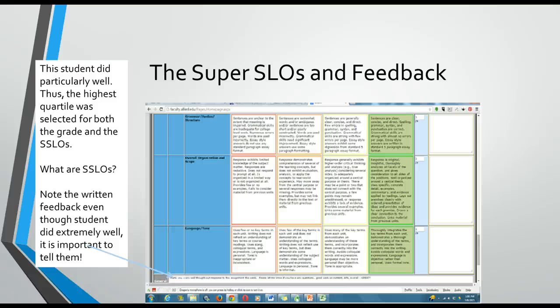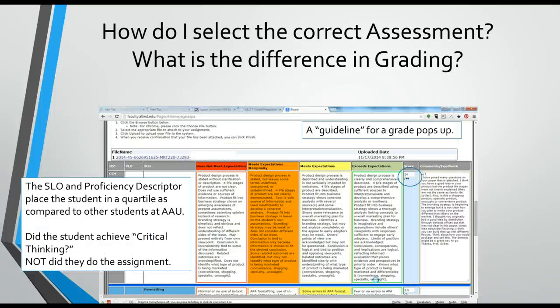So this student did particularly well, and thus the highest quartile was selected for them over on the right-hand side. Even though the student did extremely well and basically got 100 on this particular assignment, the instructor did leave written feedback, because no matter how well the student does, they want to feel that contact with you, and it's important to tell them when they do well.